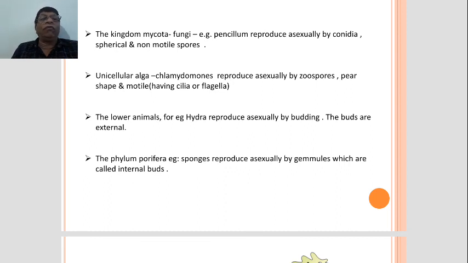See the diagram of the zoospore. Zoospores are pear-shaped, having cilia, that is, they are motile.